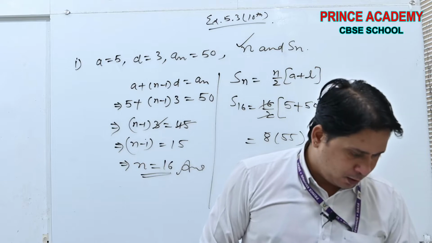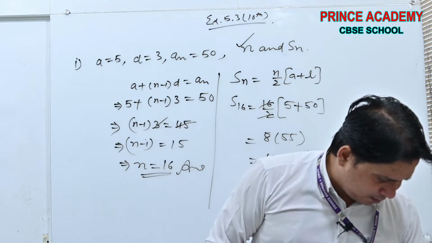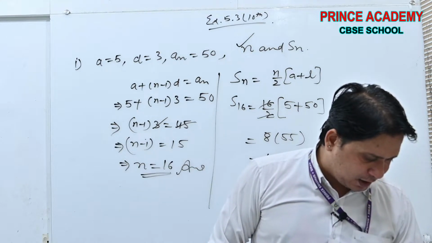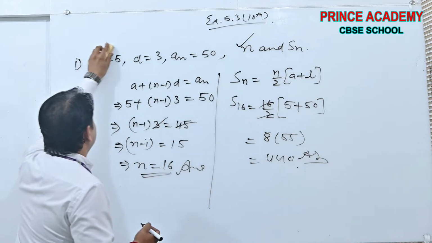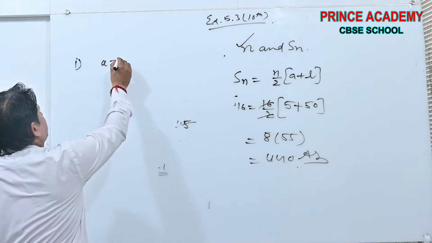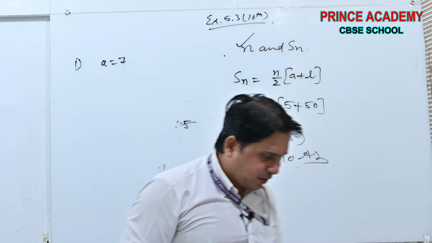Question number next is regarding where the given is a7, a13, 35. See that you have taken the screenshot. Second part, a is 7 and a13 is 35.